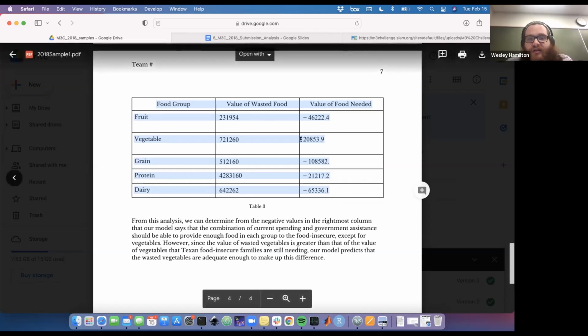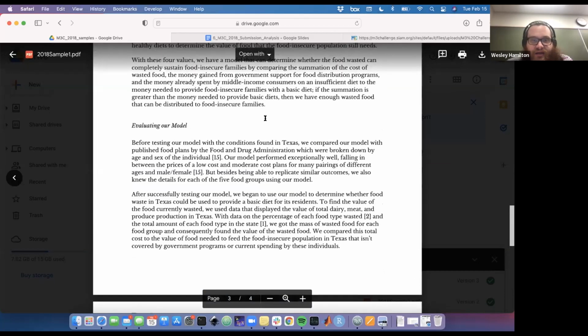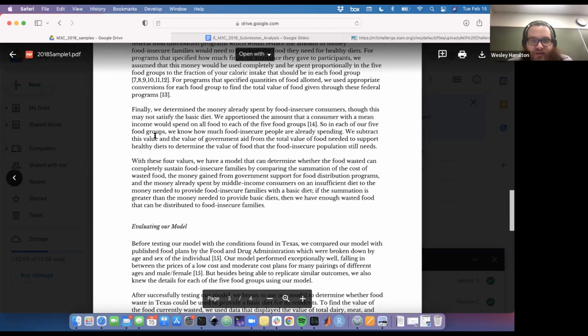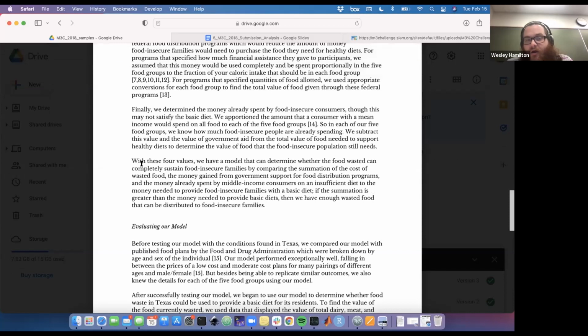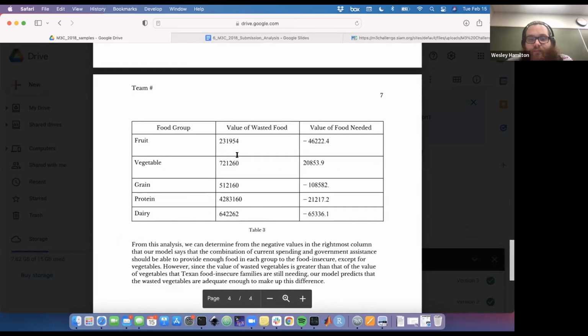A lot of the details for figuring out what's happening here are contained in this paragraph up here. Presumably they say, if you can read this the right way, our approach says yes, Texas can feed its food insecure population.